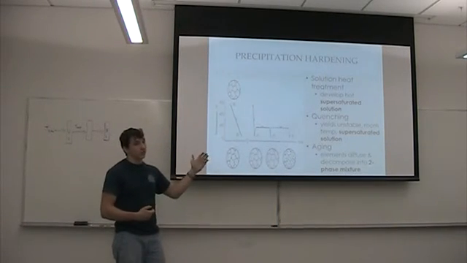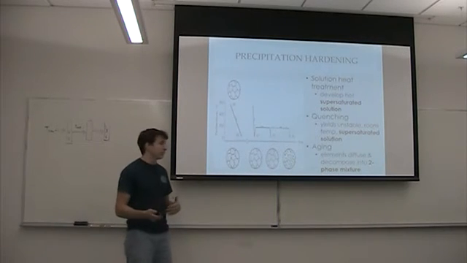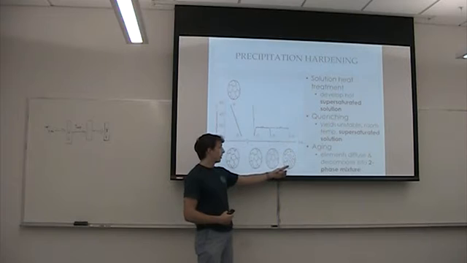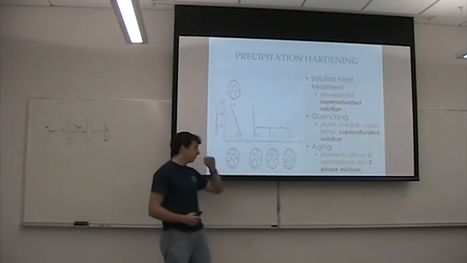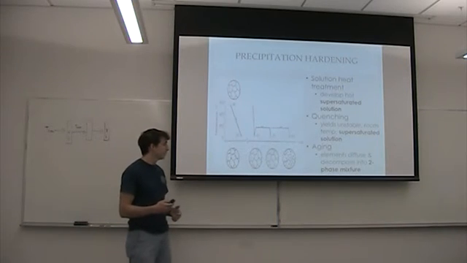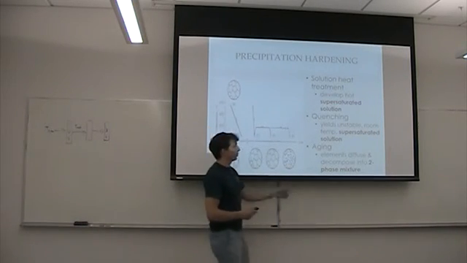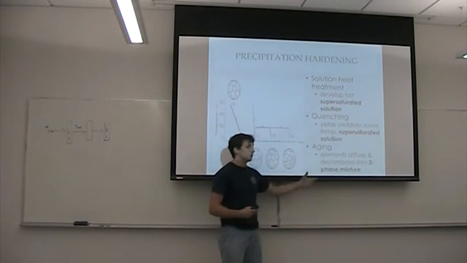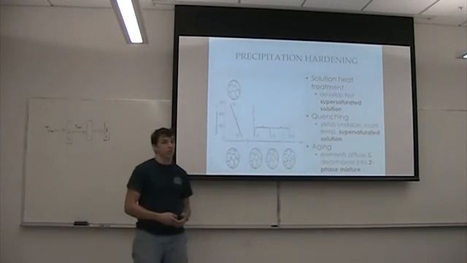Instead of quenching, what you can do is age it, either naturally or artificially, and that will allow some of these Guinier-Preston zones or the precipitates to coagulate and stay together. Also, notice the difference between these two is you're getting a supersaturated solution with the quenching versus getting a two-phase mixture where you're getting two distinct elements.